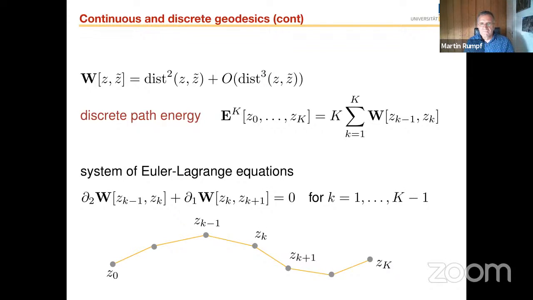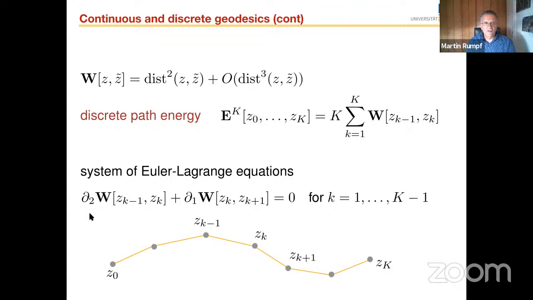And if we want to compute minimizers, then we have to solve the Lagrange equations. Degrees of freedom are all the intermediate points. The 0 and the K point are fixed because that's my variation problem. And each of those Z_k points appears in two of these W terms. One is paired with Z_{k-1}, and one is paired with Z_{k+1}.